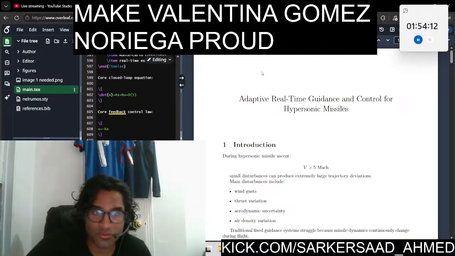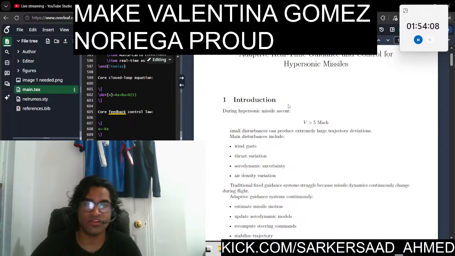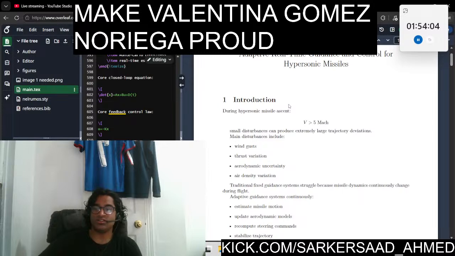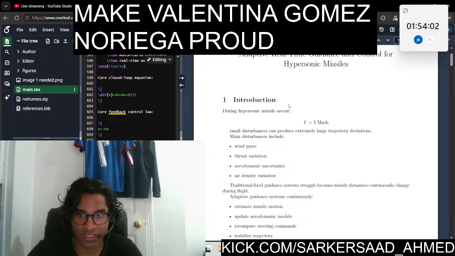So during the hypersonic missile lesson, the velocity will be greater than 5 Mach. So the Mach is usually measured by the speed of the rocket divided by the speed of sound. Small disturbances can produce extremely large trajectory deviations.